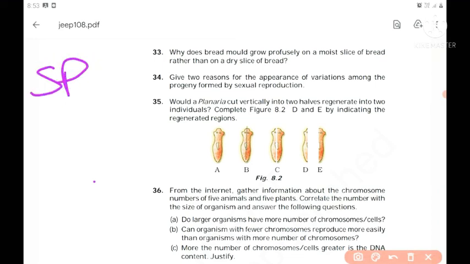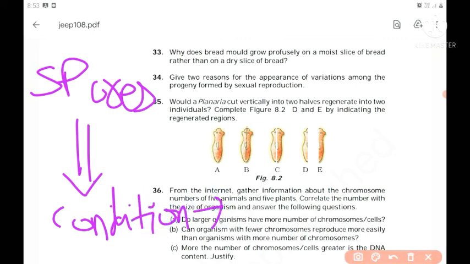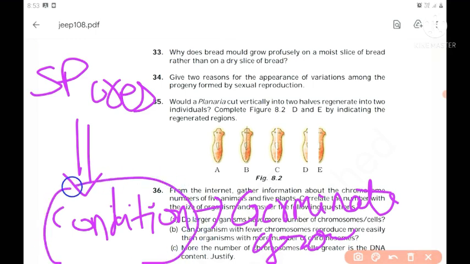Spores need a proper condition to germinate and grow. So this proper condition is nothing but moisture.